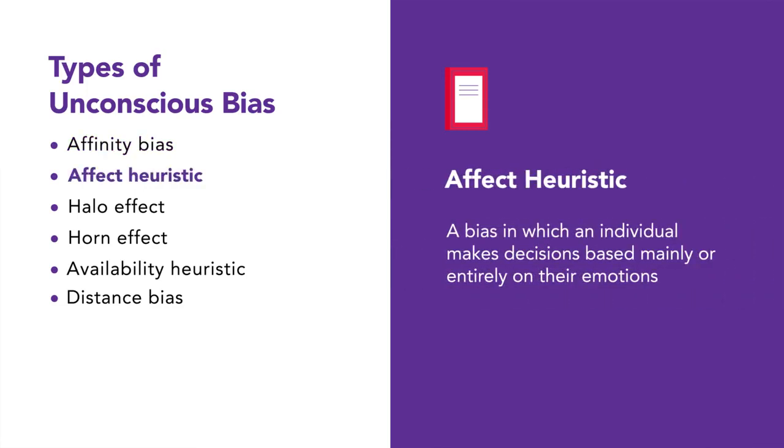Next is affect heuristic, which is a bias where an individual makes decisions based mainly or entirely on their emotions. In a positive scenario, for example, a candidate can mention they like a certain sports team. If the interviewer also supports the same team, they are likely to develop a positive bias towards the candidate and be less critical of them or favor them during the interview process.